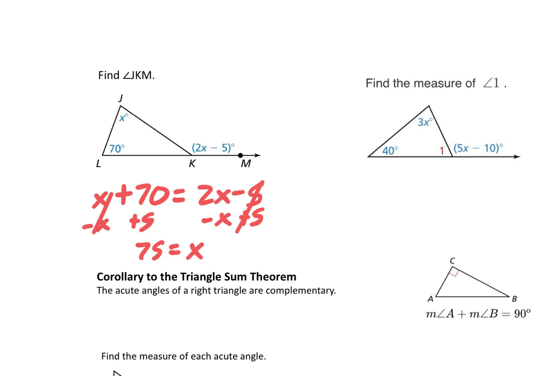Here's JKM. What's the expression for JKM? Well, it is an obtuse angle, but what's the expression? What is it labeled as? What's inside of JKM?